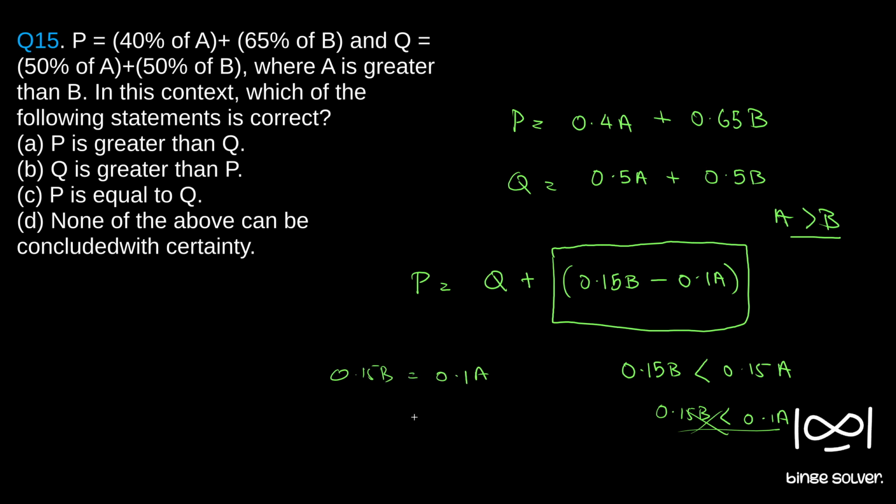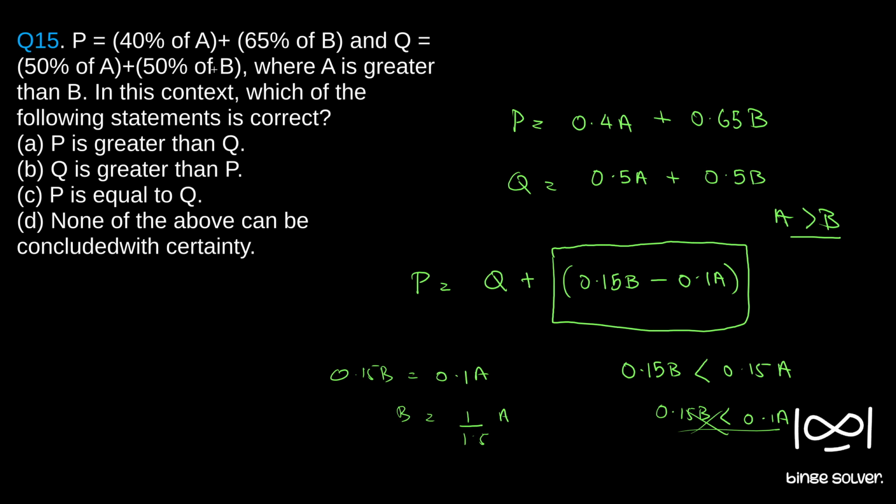That means B equals 1 by 1.5 A. Since 1 by 1.5 is less than 1, B is less than A. Even if we select B equal to 1 by 1.5 A, we will get this part as 0 and P will be equal to Q. So we can choose A and B such that this part can become positive, 0, or negative.